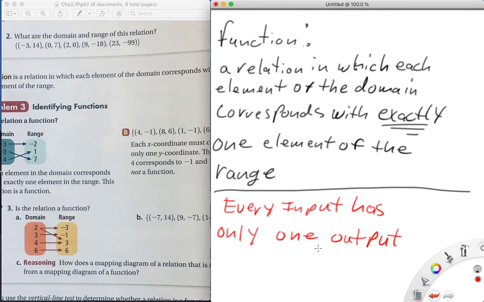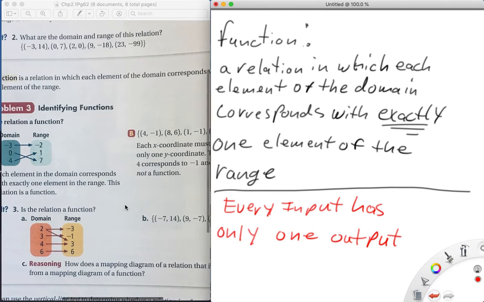What that means is that I can't have one x value have two y values, but I can have one y value for two x values. So let's see what that means.